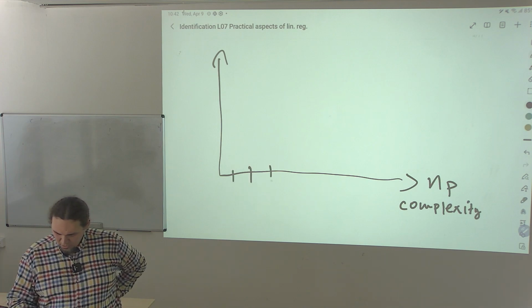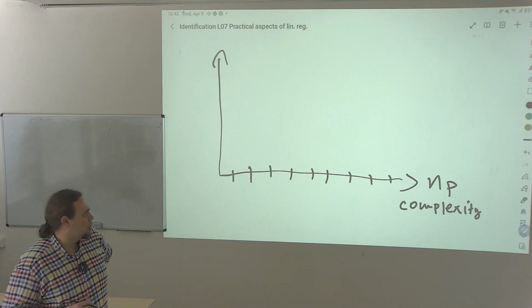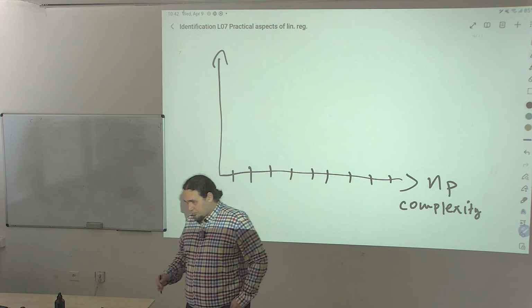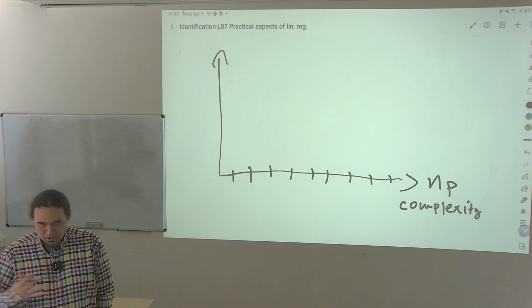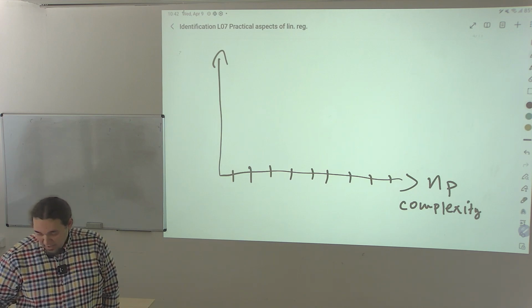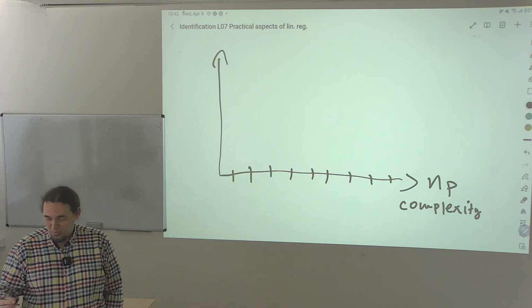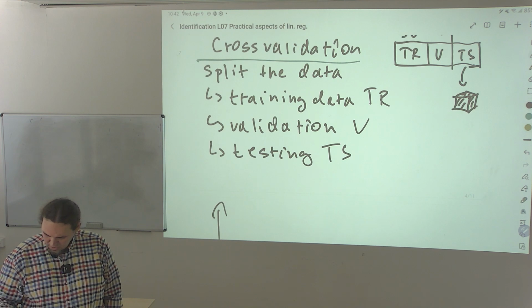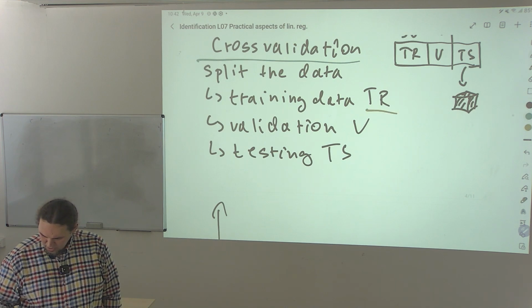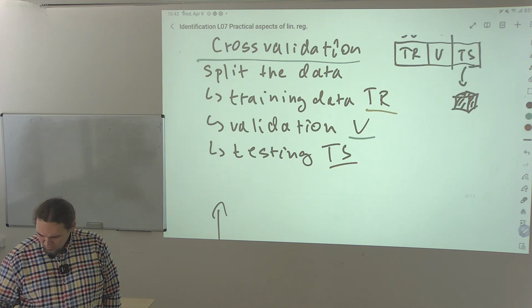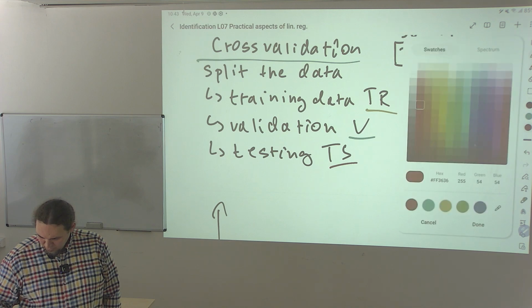So basically we will be getting more and more complex models. Let's denote it with this number of parameters, MP, because each of these will have its own parameter. Let's give them some colors. Training data, validation, and maybe testing.